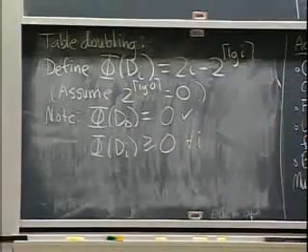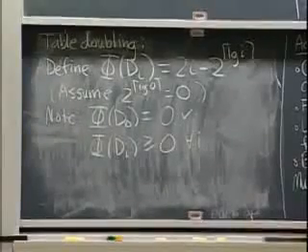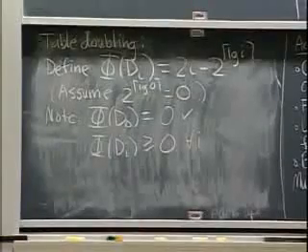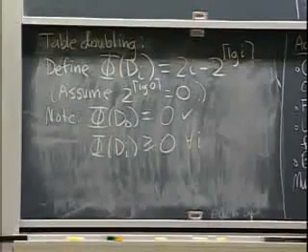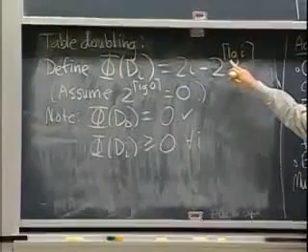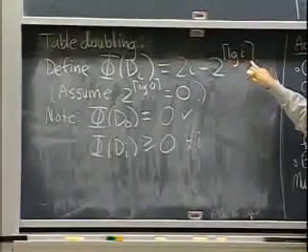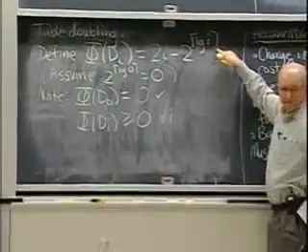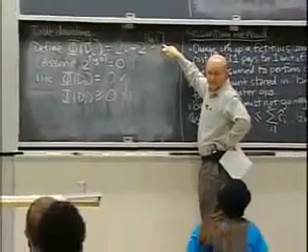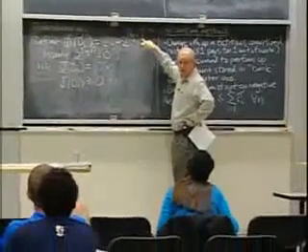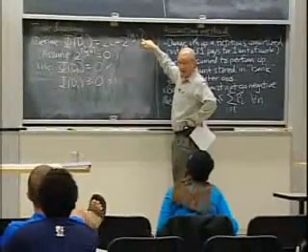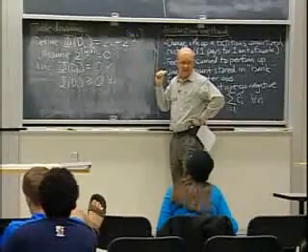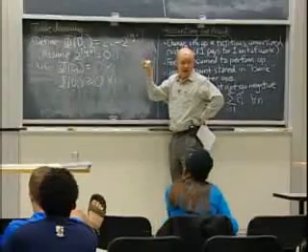Why is that? So what's the biggest that ceiling of log i could be? Ceiling of log i is either log i or log i quantity plus 1. Okay? So the biggest it is log i plus 1.